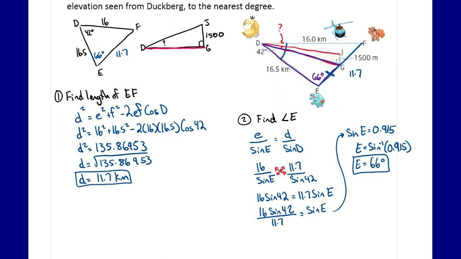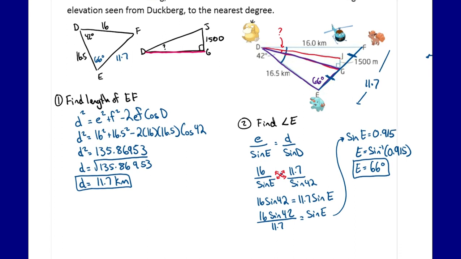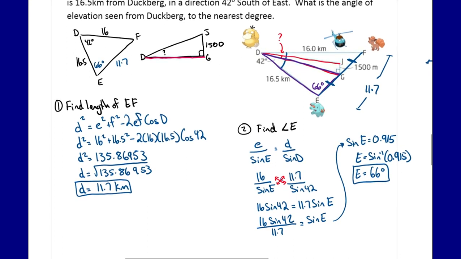So if I know that the entire distance between Elephantville and Foxtown is 11.7, then half the distance is going to be 5.85.